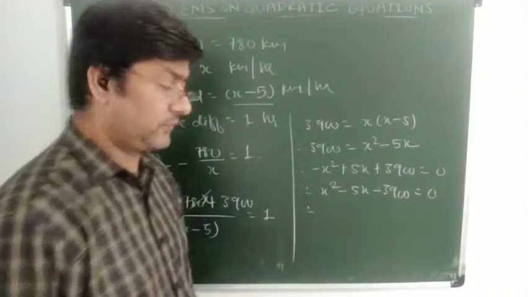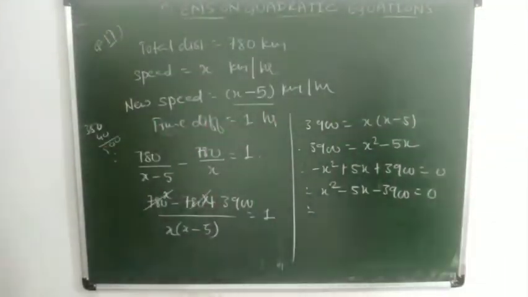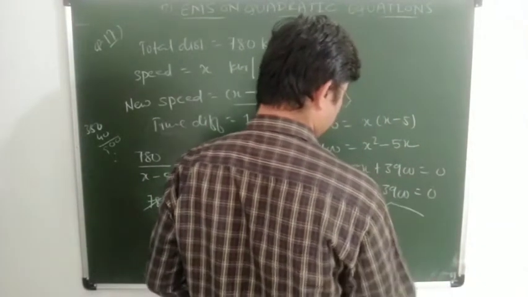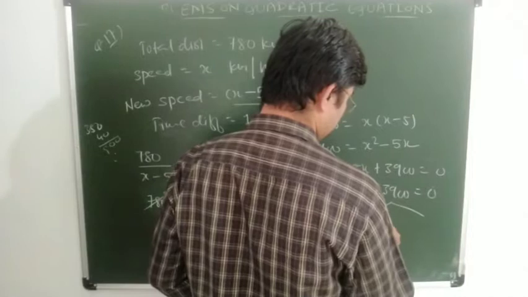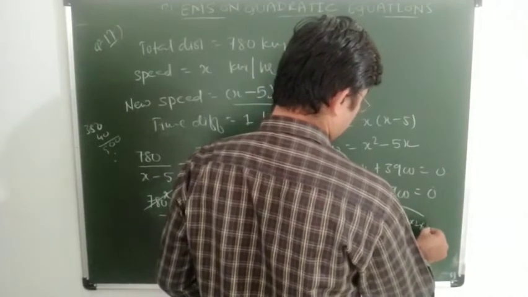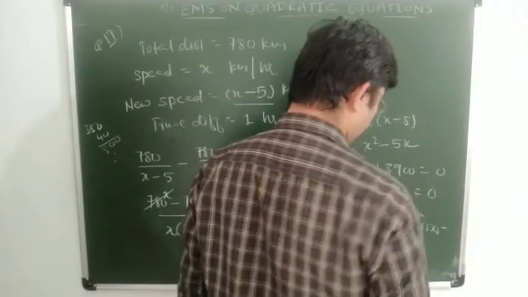Now find two factors of 3900 such that the difference is 5. So 3900 can be factorized as, we know that 3 13s are 39, and 2 2s are 4, and 4 25s are 100.